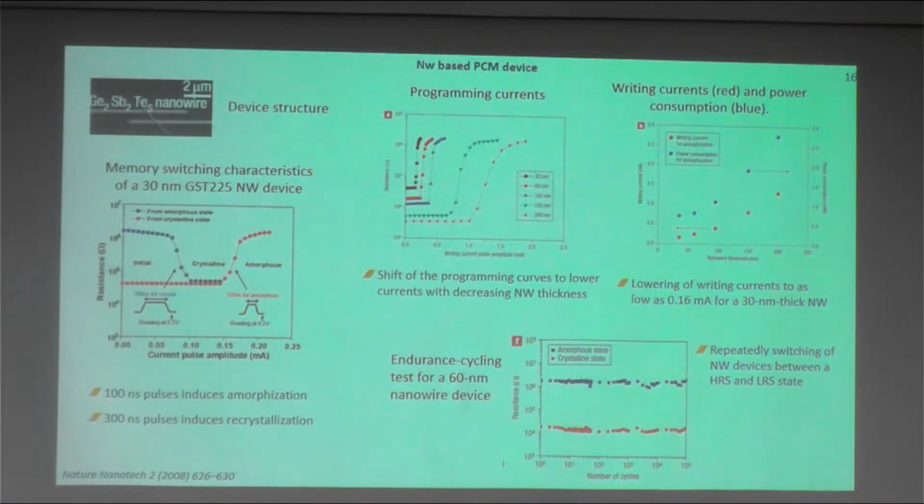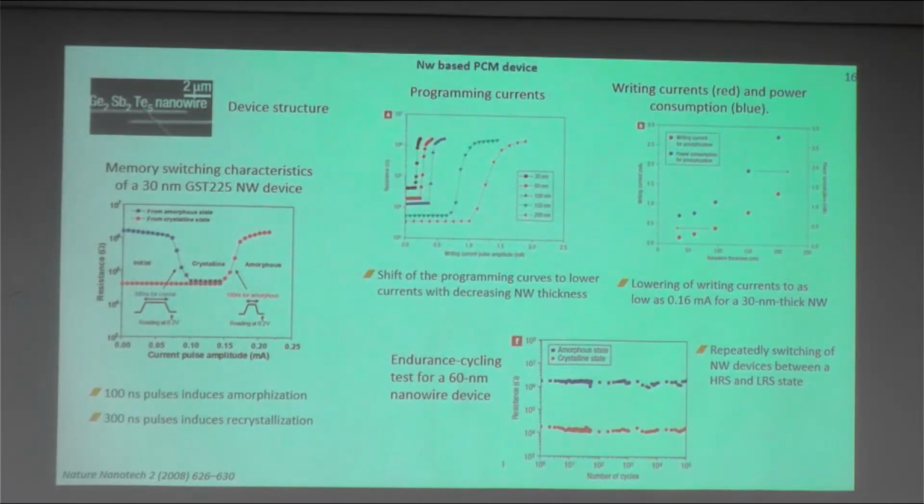The pulse length is a little bit longer compared to PCM devices and thin films, but think about that it's a 30 nanometer nanowire device, and it's made in this geometry. So the programming currents shift to lower currents with decreasing nanowire diameters.